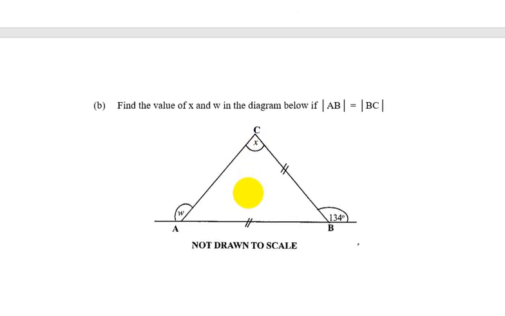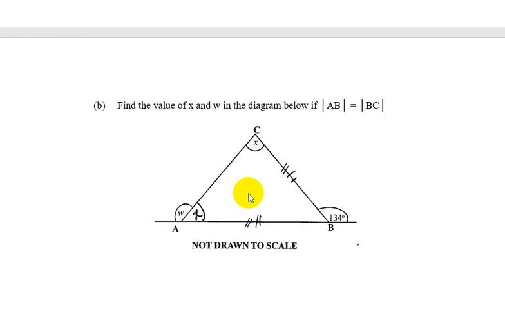Now if this line AB is equal to this line, it means that this is an isosceles triangle. The base angles are equal. So if this and this are equal, it means that this x will also be here x.